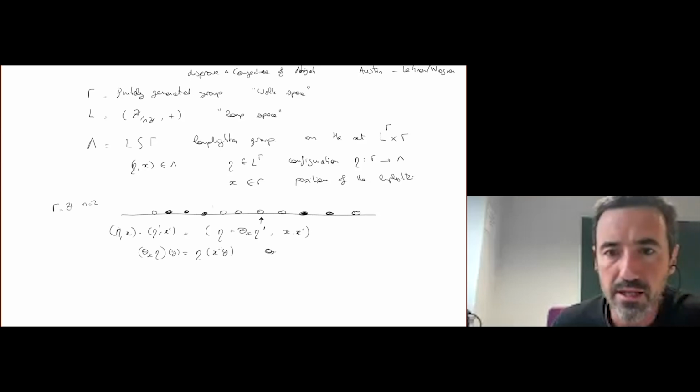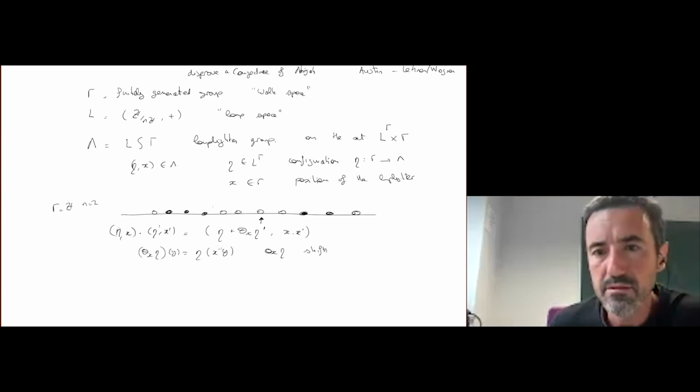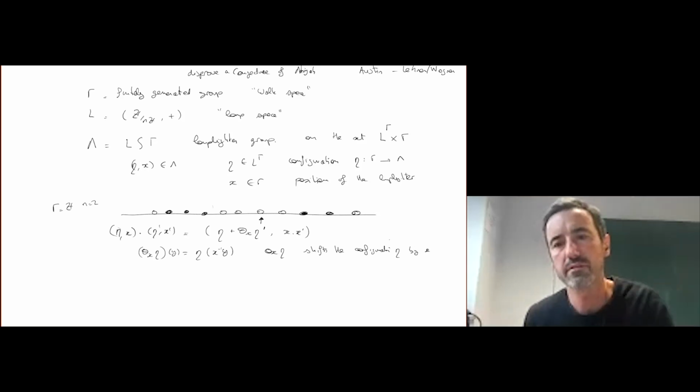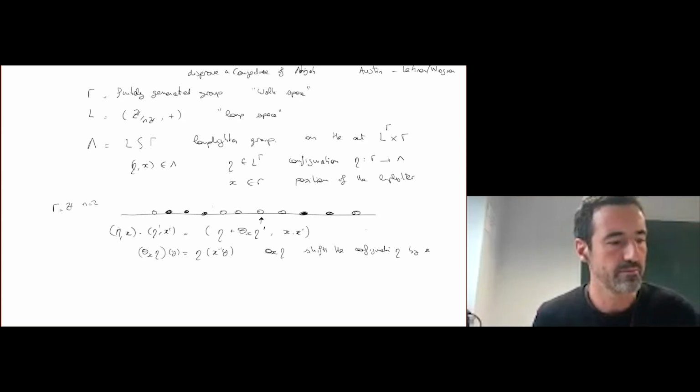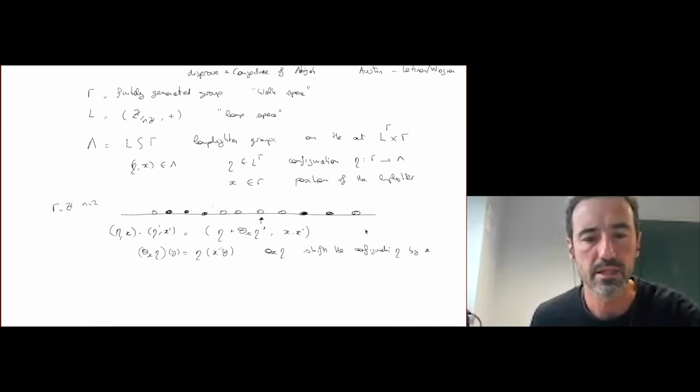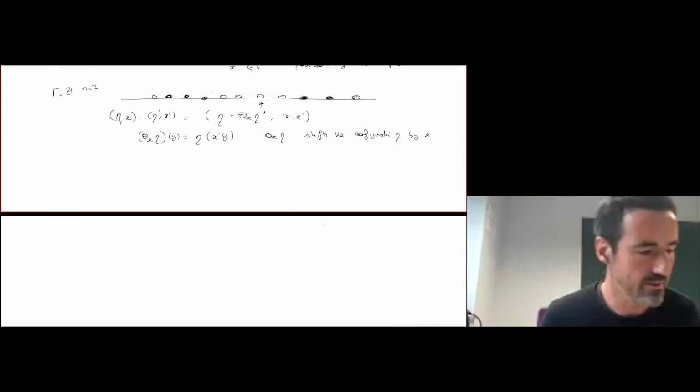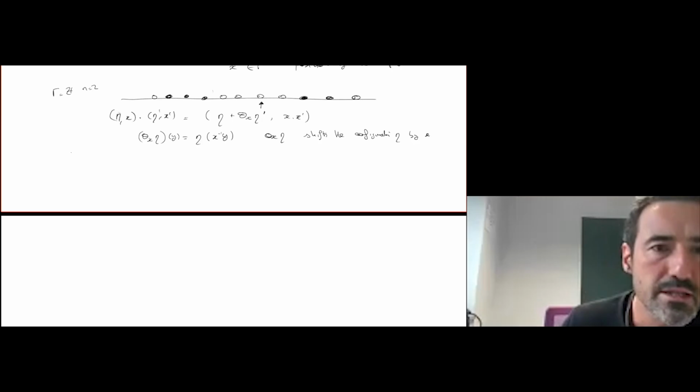So theta x eta shifts the configuration eta by x, where you multiply everything on the left by x. So that's the multiplication.